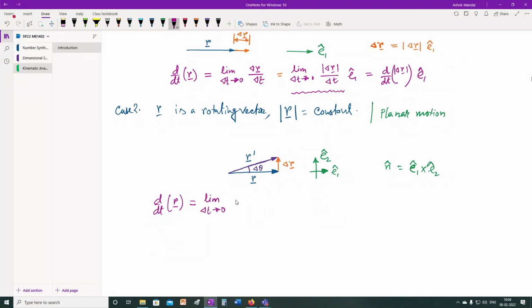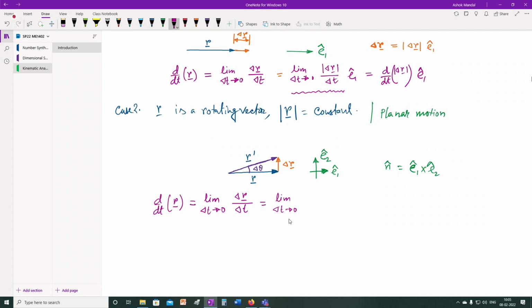Limit delta t tends to 0. What is the change in this vector? That is delta R divided by time. Now, as we did for the previous case, we will first convert this into a scalar, then this derivative is very simple for us.